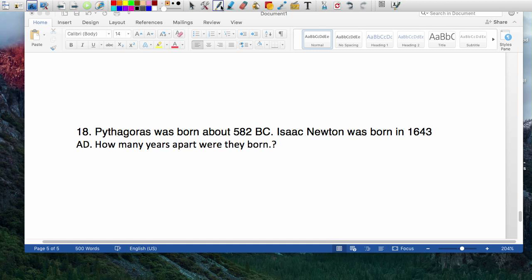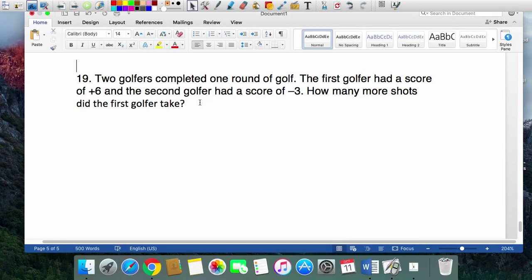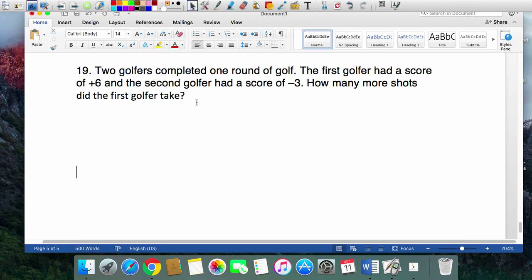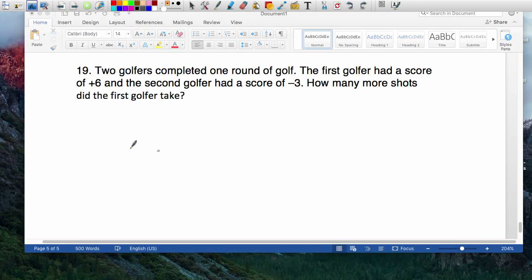And yay, last one, I think. Two golfers, and again, I don't like the question because I don't know why they have to put sports. First golfer had a score of +6, and the second golfer had a score of -3. Let's take a number line.